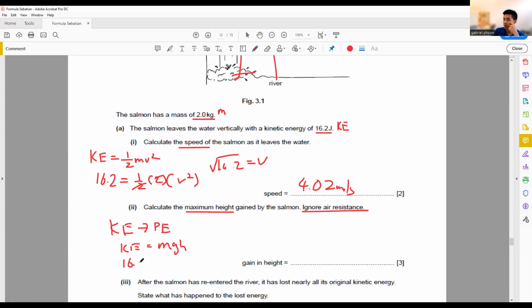So from here, it's going to be 16.2 equals 2 multiplied by 9.8 multiplied by h. And if you do your algebra correctly, your h will be equal to 16.2 divided by 2 multiplied by 9.8.